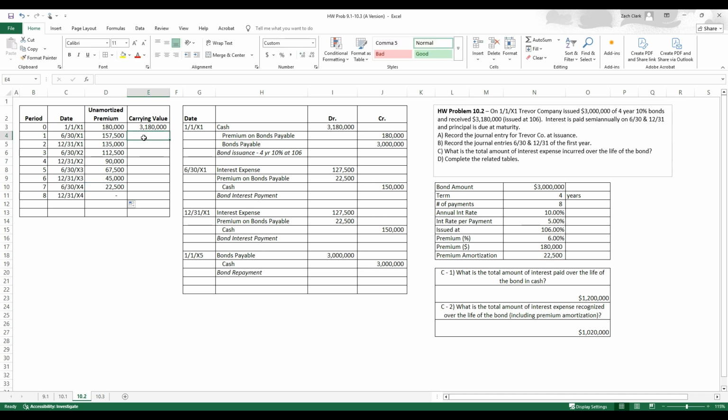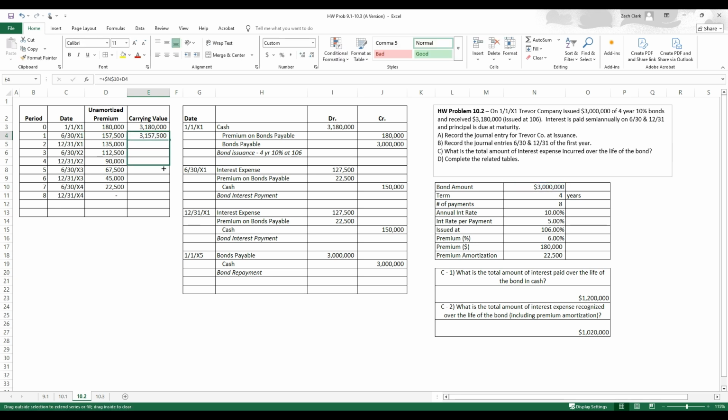And then the carrying value will be the bond amount at any given point. So let's lock those cells, do the dollar signs there, plus the unamortized premium at any given point, right?